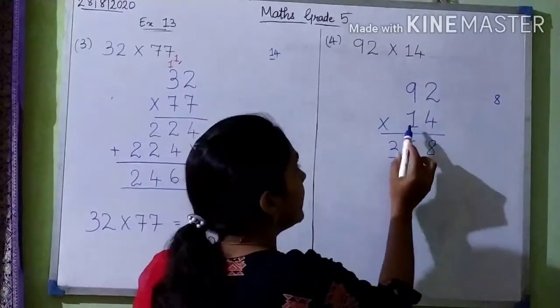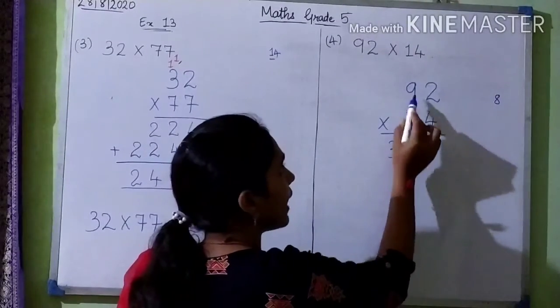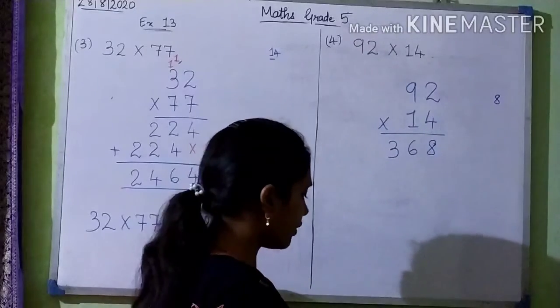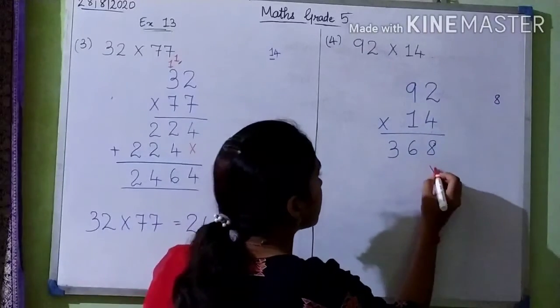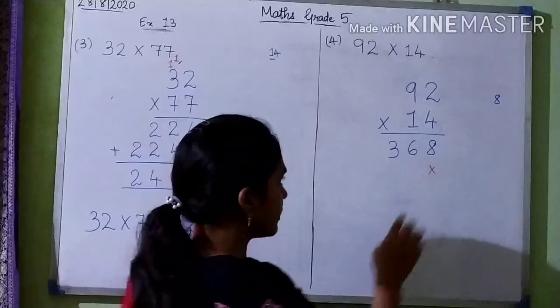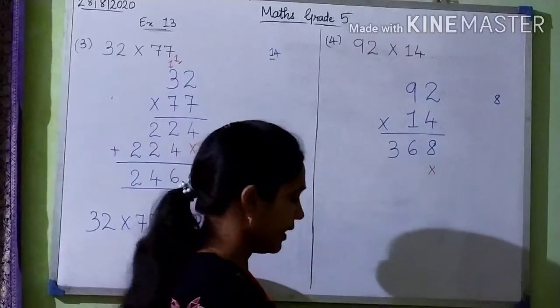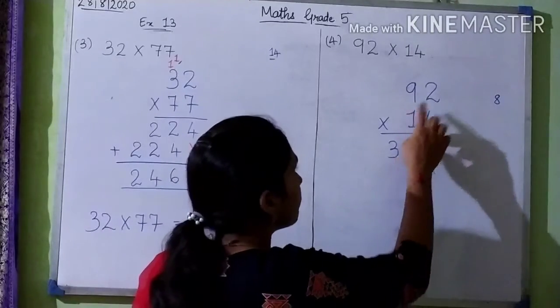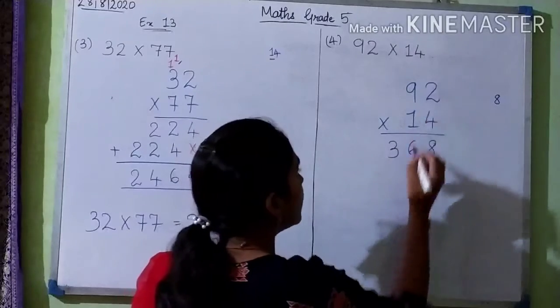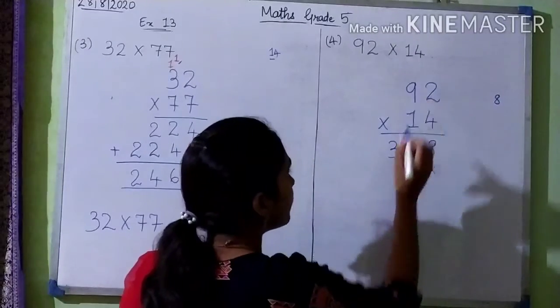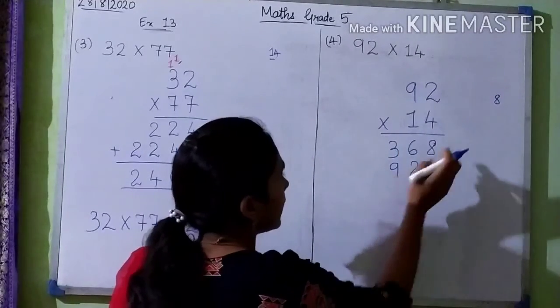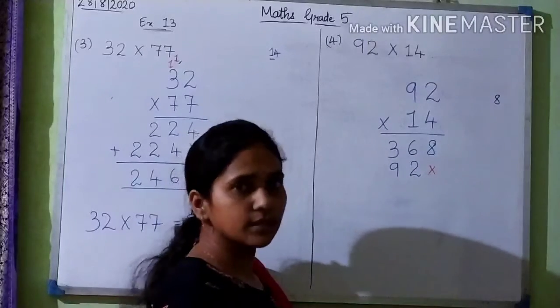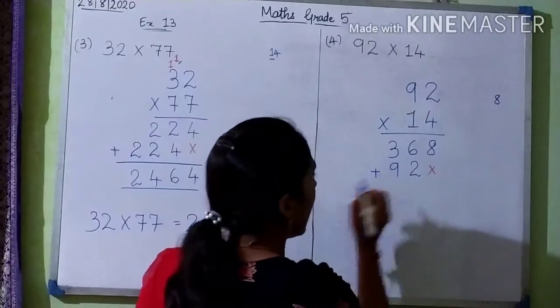Now I multiply 1 by 2 and 1 by 9. Before that, I have to put a cross below the first digit here. Now I multiply 1 by 2. So 1 into 2 is 2 and 1 into 9 is 9. Now as I have multiplied both the numbers, I have to add them.